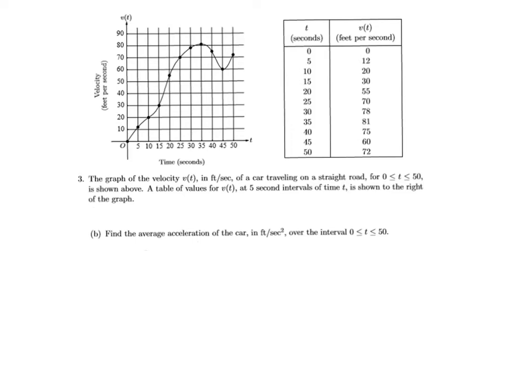All right, B. Find the average acceleration. So remember, acceleration in this case is the derivative. So they're asking about average derivative. That would be like your f of b minus f of a over b minus a. So I'm going to do v of 50 minus v of 0 over 50 minus 0.